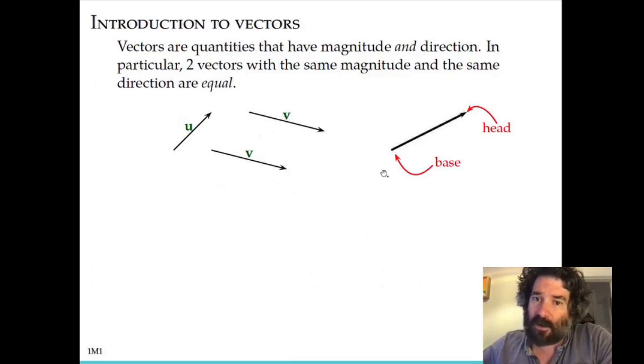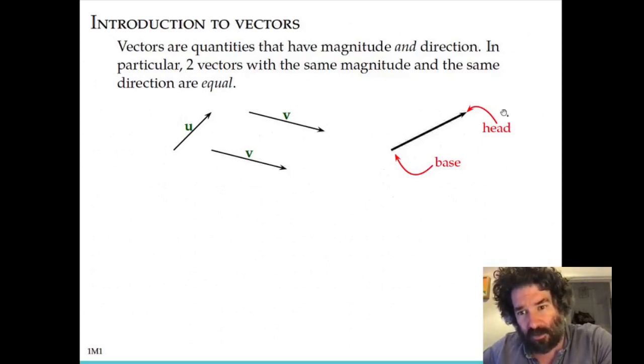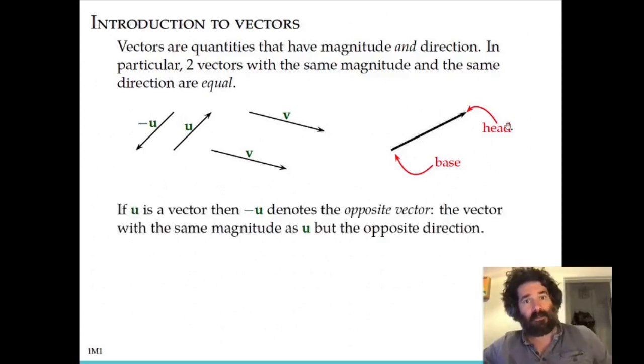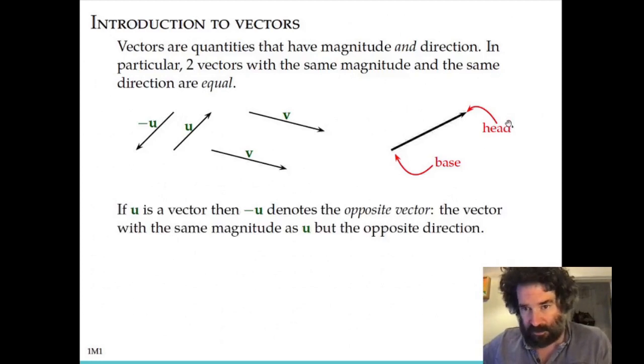There's a bit of terminology here associated with vectors. They start at one point, and we think then that they go to another point. The point that it starts with is called the base, and the point where it ends is the head. So a vector goes from one point, the base, to another, the head. Another thing about vectors is that we can take a negative vector.